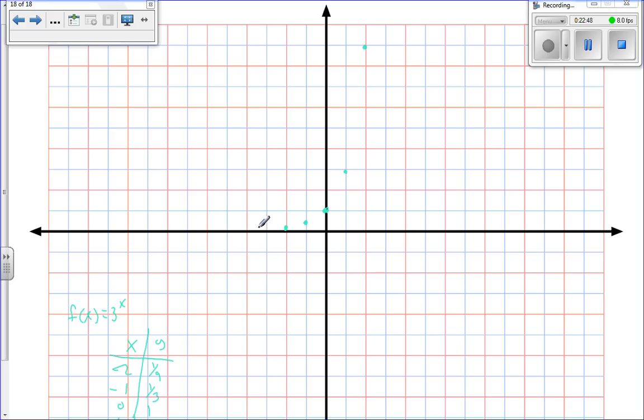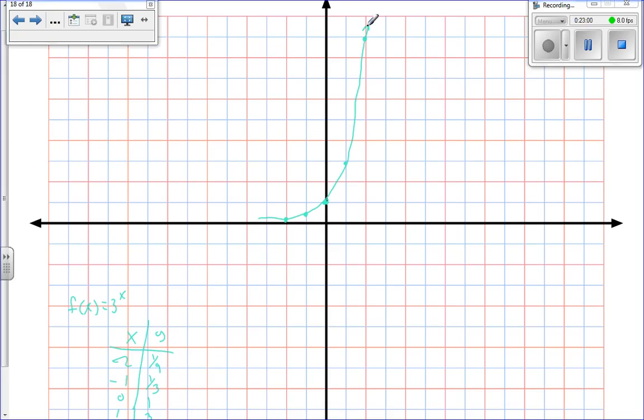And then just connect them with a curve. And this is f of x equals 3 to the x. And since we're looking at this, we have to figure out our domain, which will be equal to all real numbers. And my range is y has to be greater than 0.